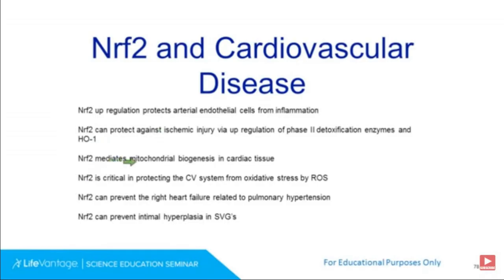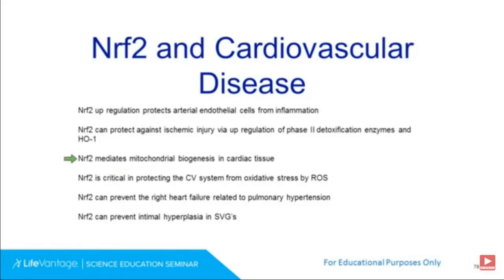It mediates mitochondrial biogenesis. So one of the problems in patients that have heart failure is their heart muscle cells aren't working as well as they should. So there's some suggestion that if you activate Nrf2, make their mitochondria work better, their muscle cells in their heart may work better as well.